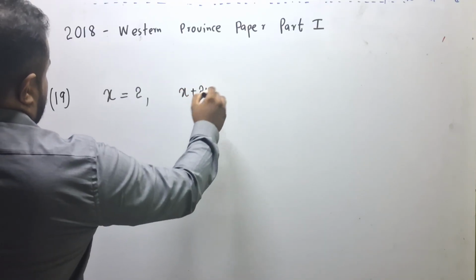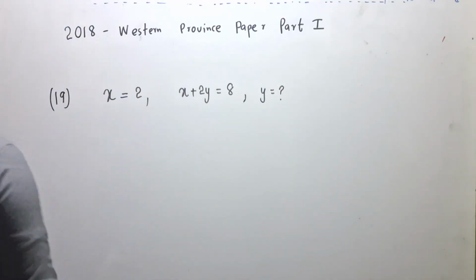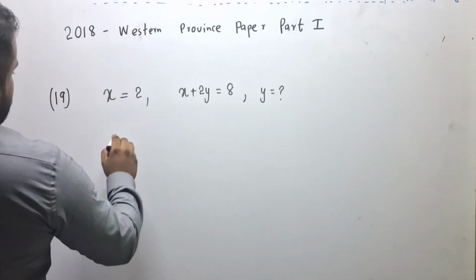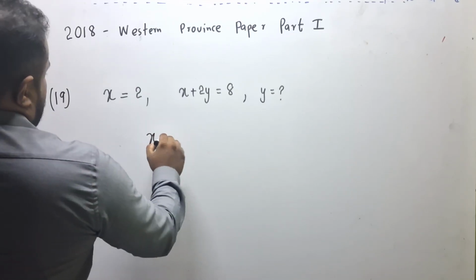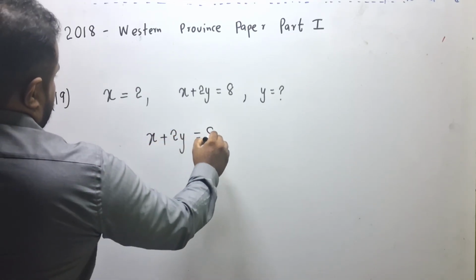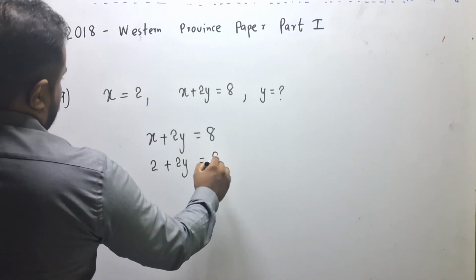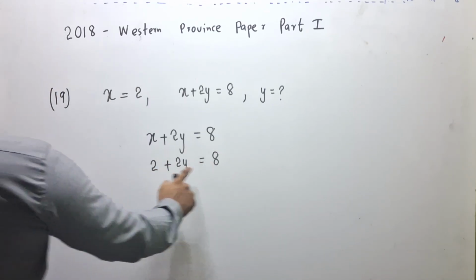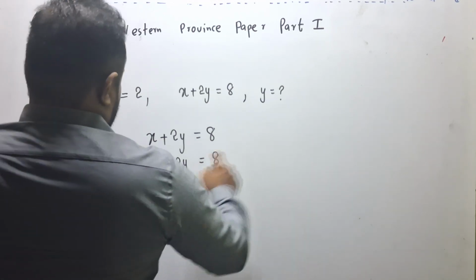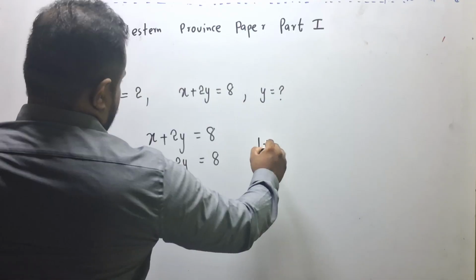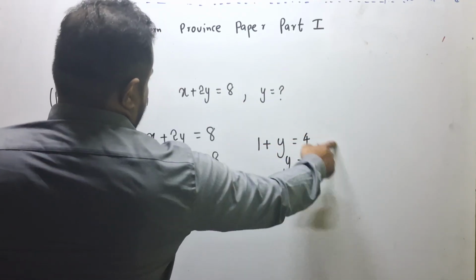Substitute the value of x. X plus 2y equals 8, so 2 plus 2y equals 8. These are all divisible by 2, so divide all by 2: 1 plus y equals 4. Y equals 4 minus 1, which is 3.